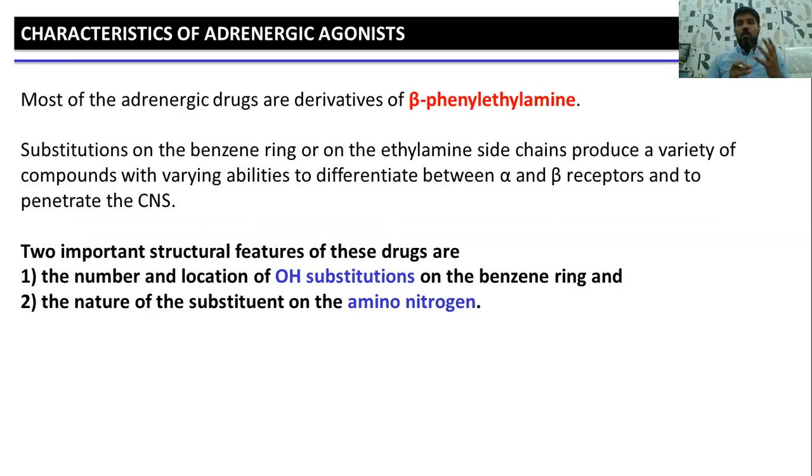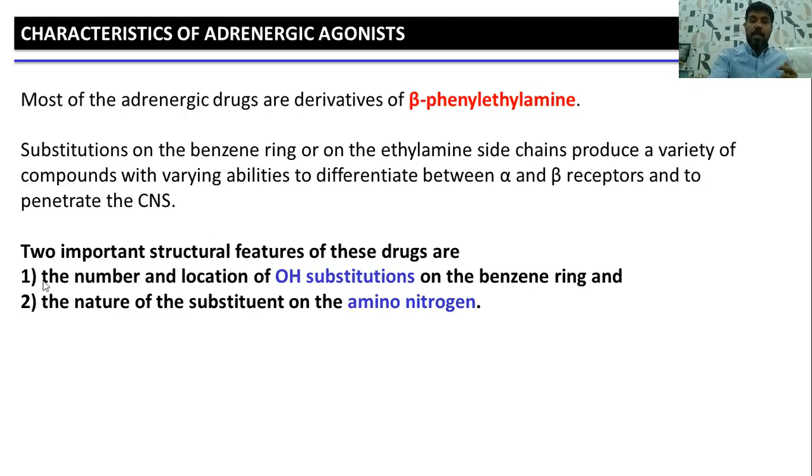So, what are the characteristics of the adrenergic agonists, such as norepinephrine, epinephrine, isoproterenol, etc.? Most of these medications are derivatives of beta-phenylethylamine. And there are two important factors that can define the pharmacological activity of these medications.